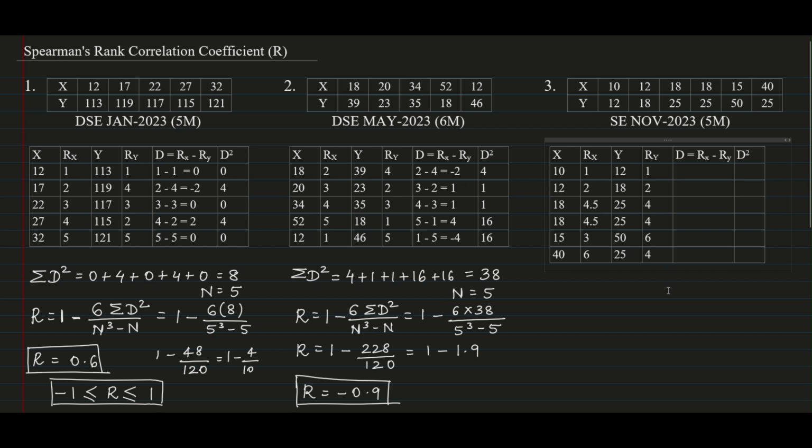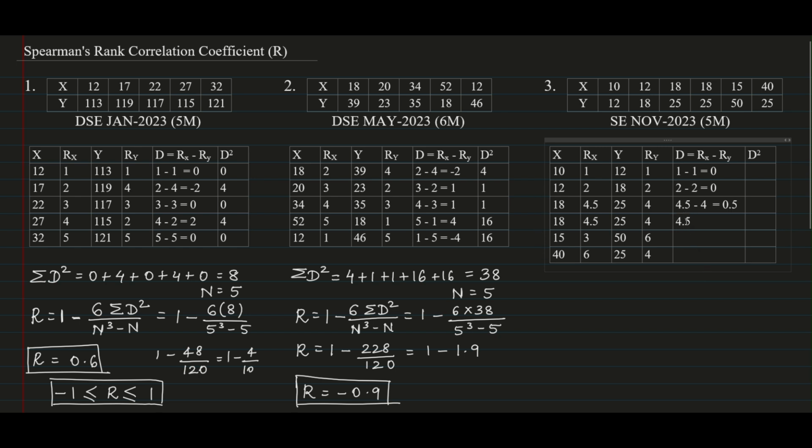Again, now we calculate the difference between the ranks. 4.5 minus 4 is 0.5.